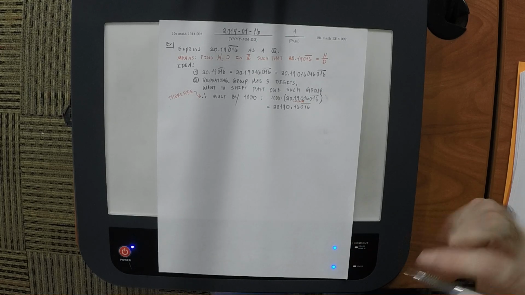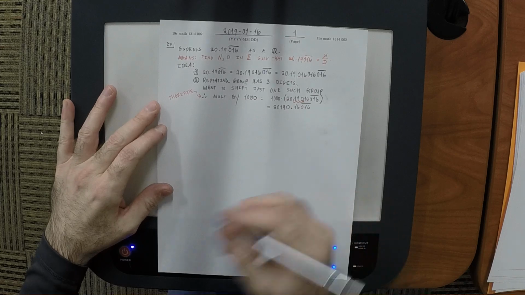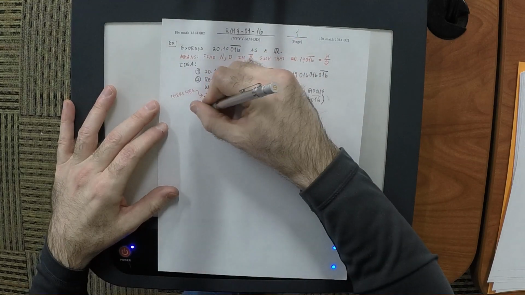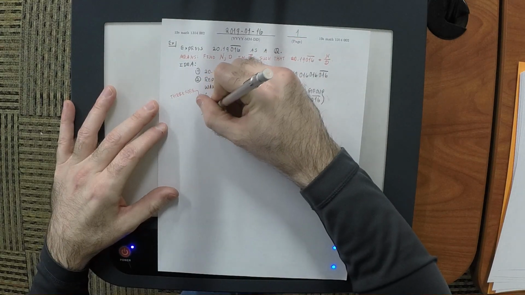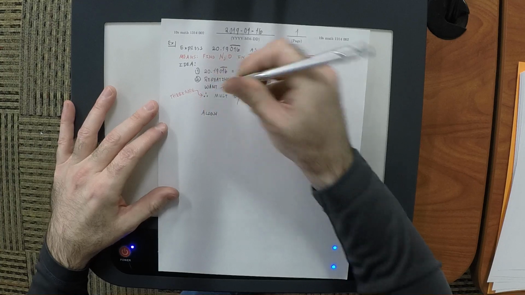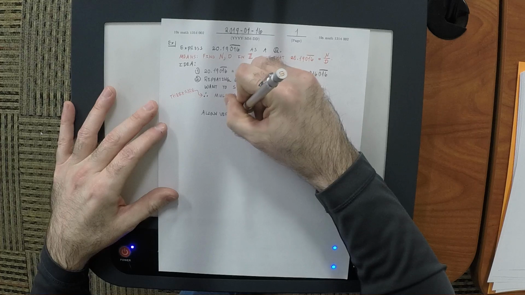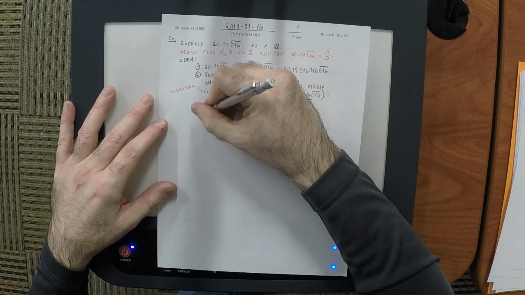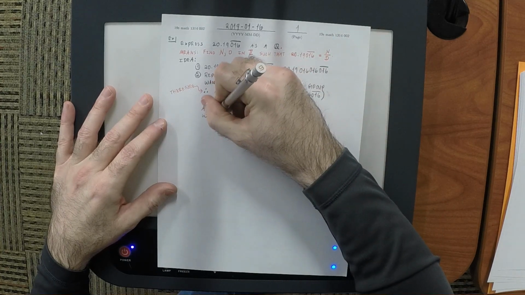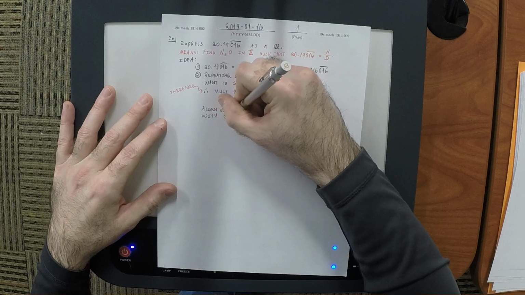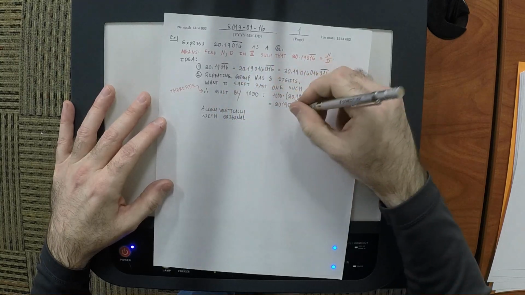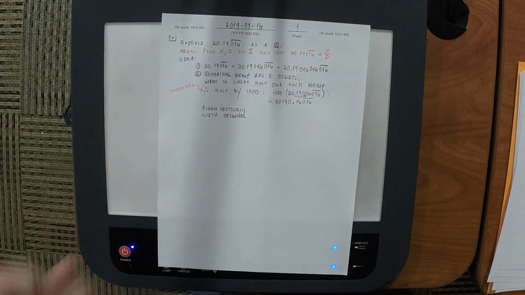Now, here's the idea. If we can line up vertically with the original number. Specifically, I'm going to make all the digits line up in columns, and I'm going to make the point line up also.